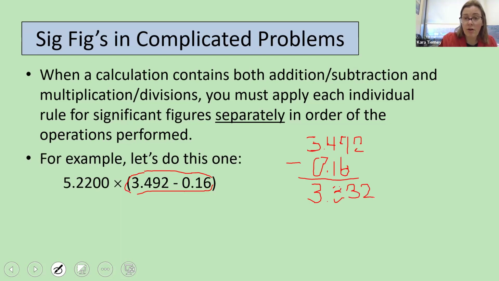The first number, 3.492, the last digit is 3 places after the decimal. For 0.16, that's only 2 places after the decimal. So my answer has to be cut off after 2 places after the decimal. So this 3.33 that I get is going to replace the subtraction.